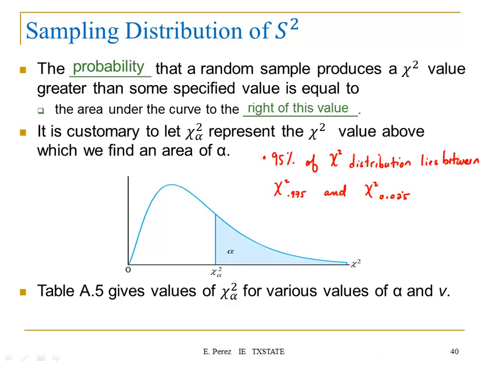That basically is the area from here to here. So 95% will be within those values.